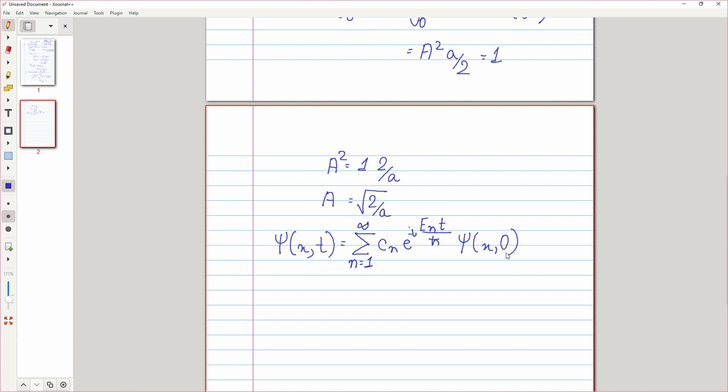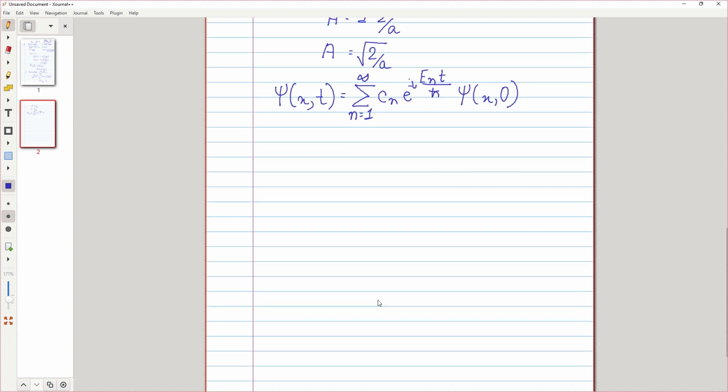So for the second part we just write it like this. For the n is equal to 1 state, we consider Cn as 1, because there is no summation; this is a one state, we are considering only one state, so this just becomes 1.